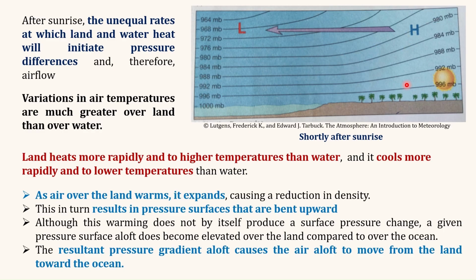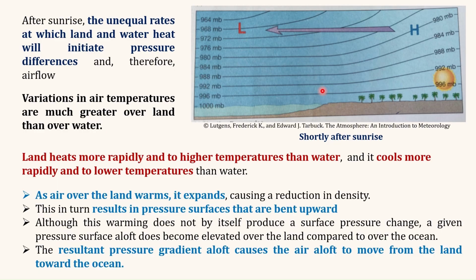So this unequal heating of the land and water does not change the atmospheric pressure at the surface, but it results in a change in atmospheric pressure up in the altitude, as the pressure surfaces become elevated over the land compared to over the ocean.